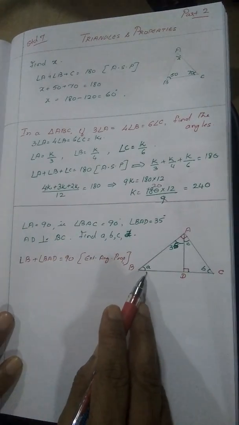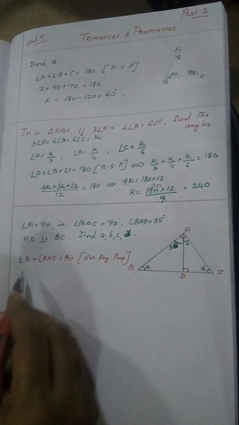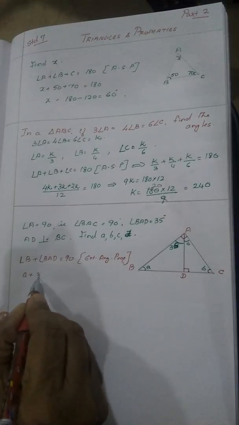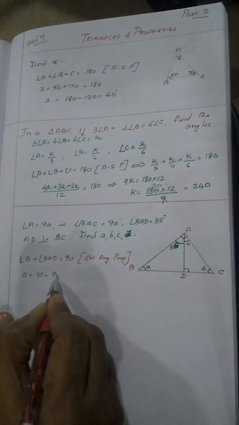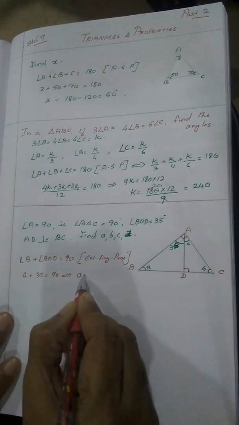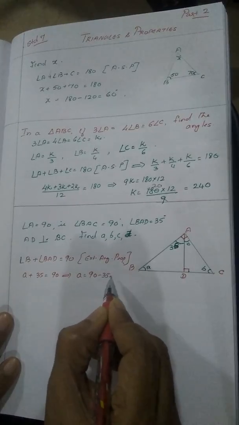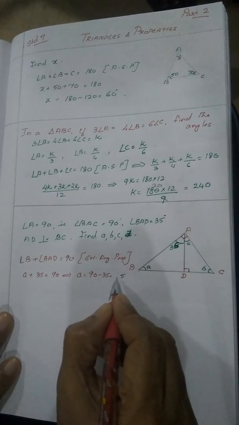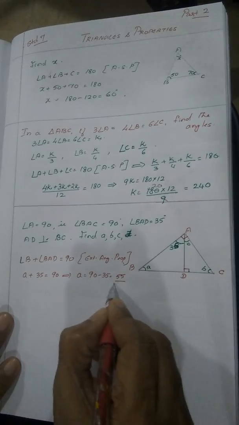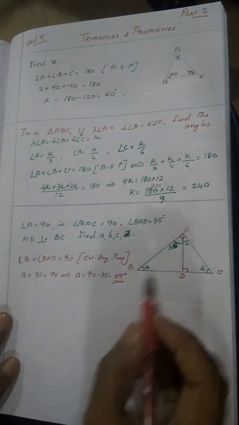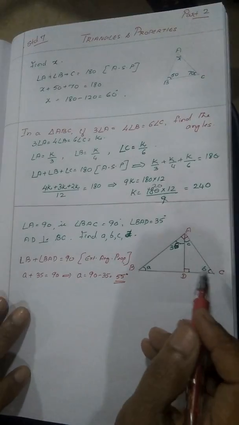So B is equal to, this is A. So A plus 35 is equal to 90, from which you will get A is equal to 90 minus 35, 55 degrees. So we got A is 55 degrees.